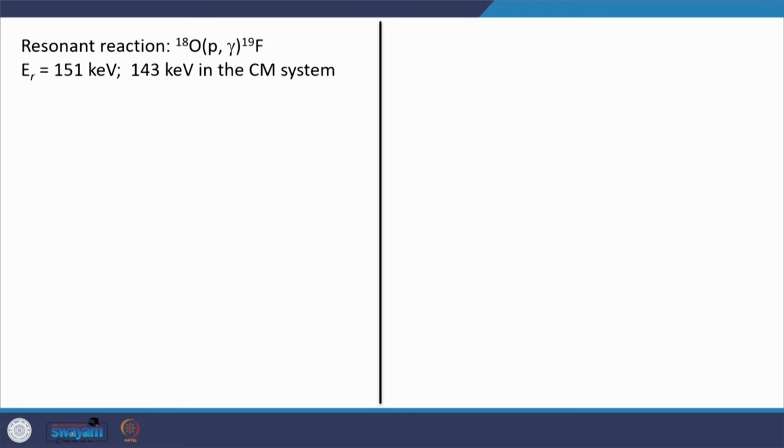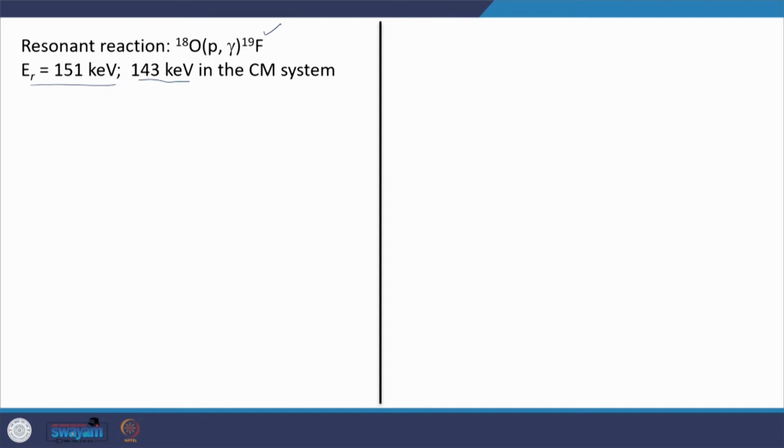Now, in this let me consider the resonance energy 151 keV, all right, and 143 keV if the proton beam has, okay, and we are considering a resonant reaction. What am I trying to discuss in this slide?